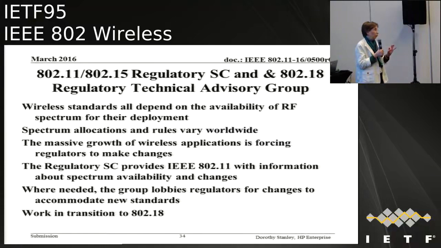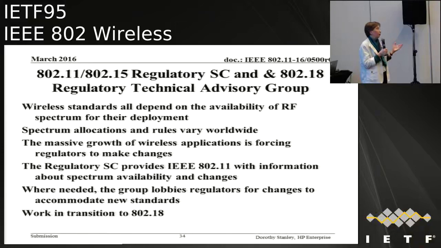We overlap in a number of the major spectrum allocations, although .15 has looked at a number of additional areas. So we work jointly there. Some of that work is transitioning to the upper level, basically, to the 802.18 technical advisory group. And this group is the one that interacts with and responds to regulatory items.